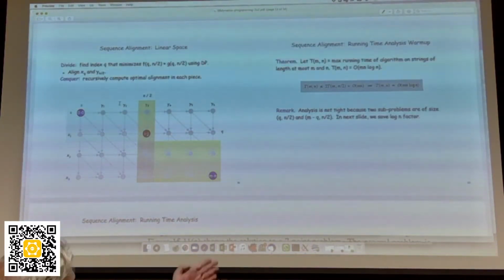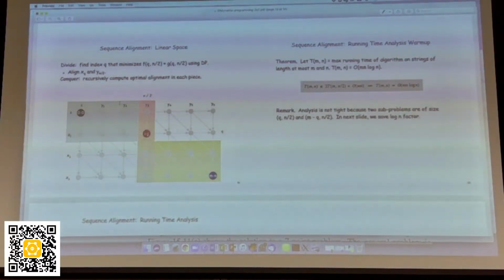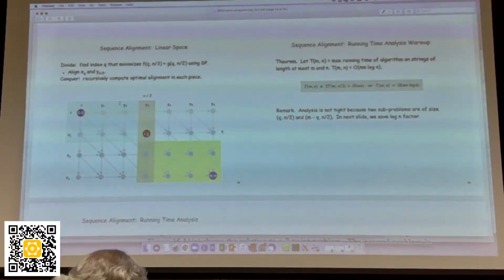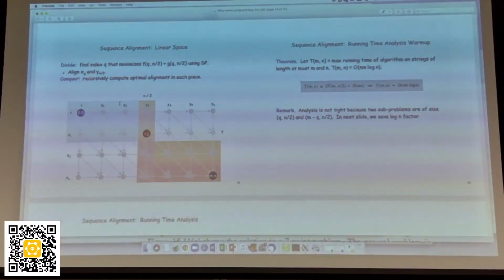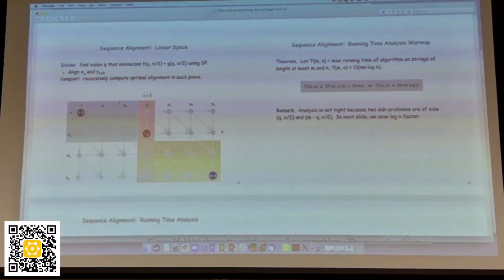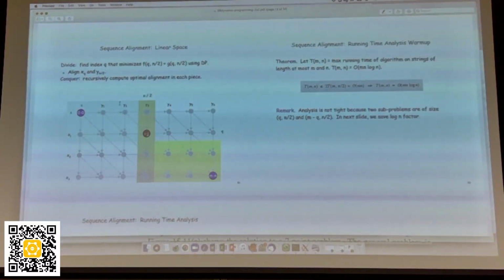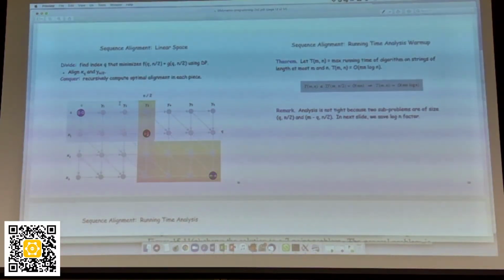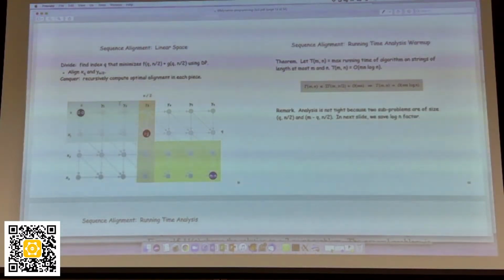And then there are some other tricks that you can use in order to get rid of the log n term and get just big O of mn. So it's nasty stuff. But just to give you a flavor of how much work has been done on this simple problem, to get rid of this simple log n thing and turn the space into linear space.